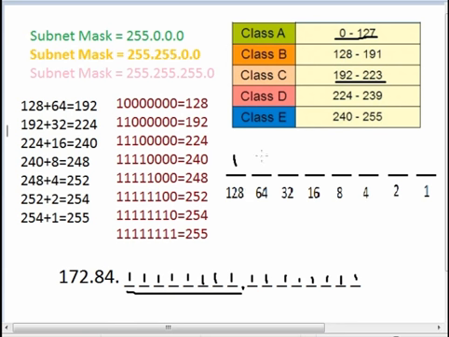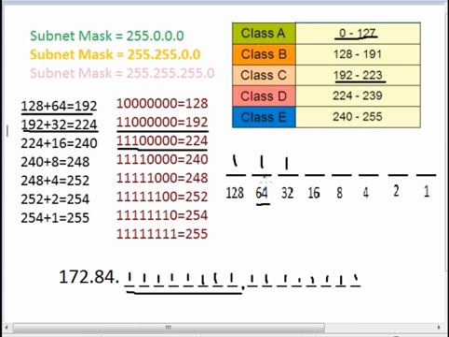When the second bit is 1, it means 192, 128 plus 64. When the third bit is 1, it is 224, 192 plus 32.